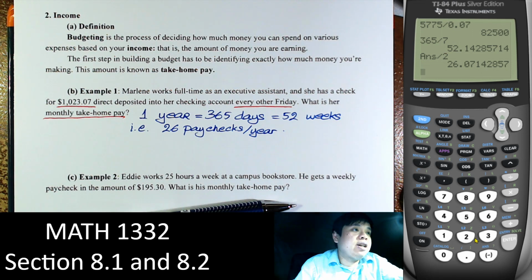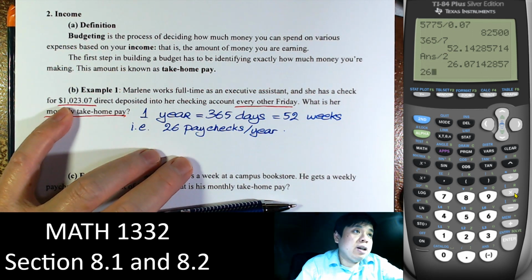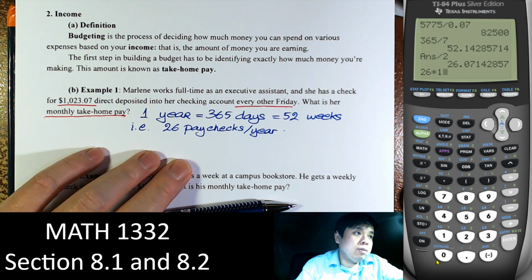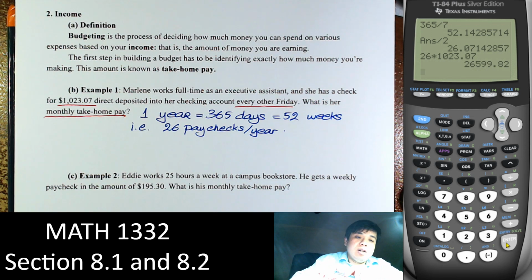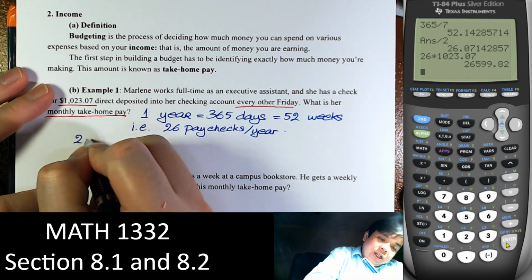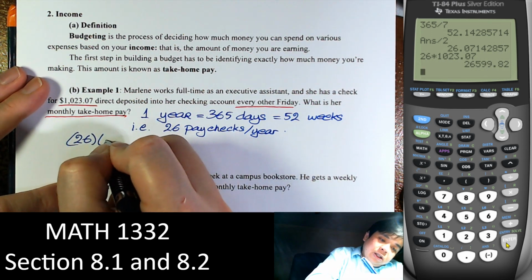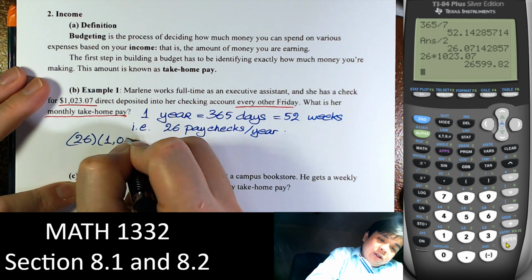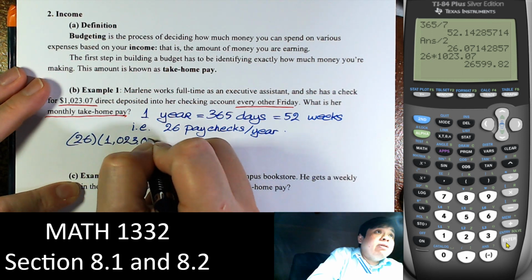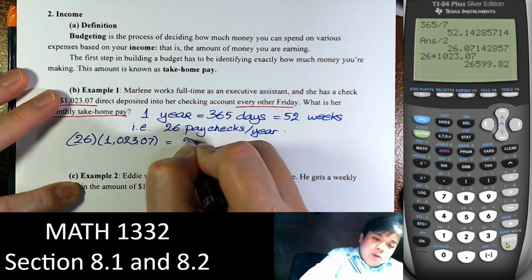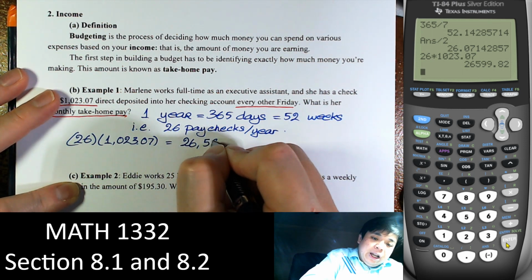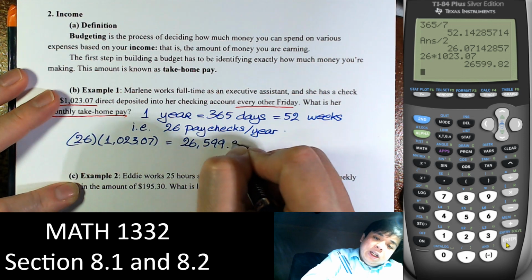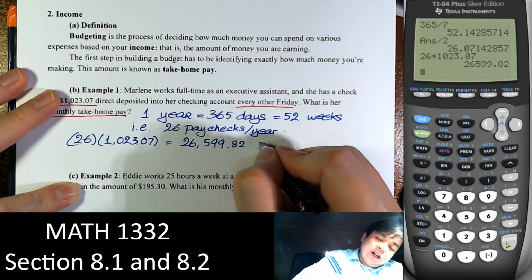Alright, so we just take 26 times that, and we have that much. So 26 times 1023.07 is 26,599.82. So that is yearly.